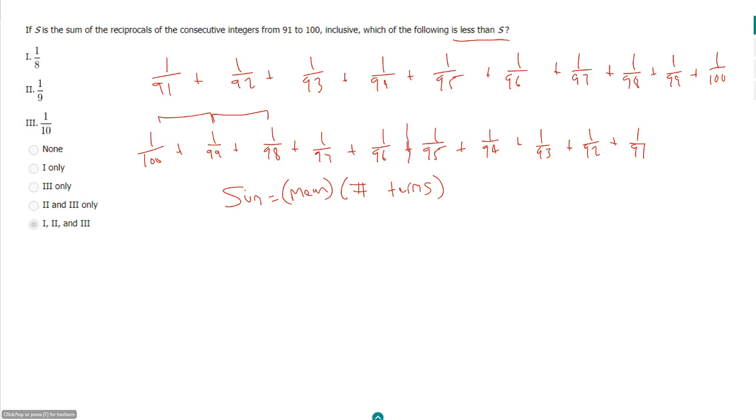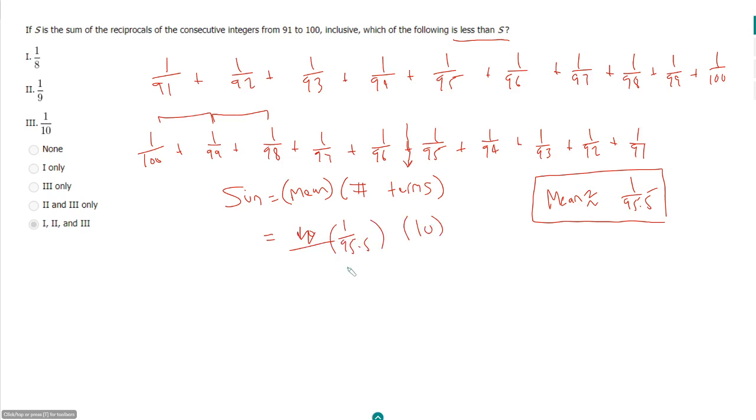So where is that median? It will be right here, in between these two guys. So that would be 1 over 95.5. I'm going to estimate that as my mean. It's approximately 1 over 95.5. And then I have 10 terms, so the sum should be about 10 over 95.5.